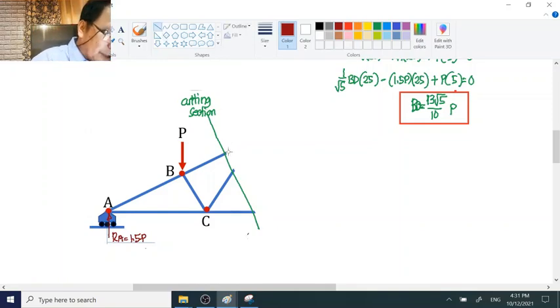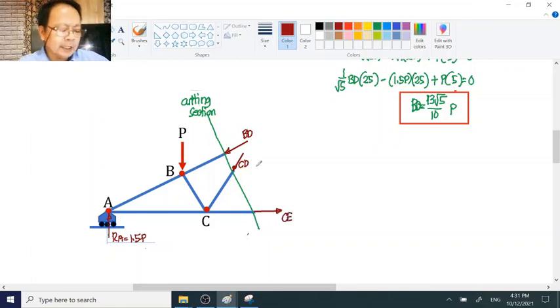Let us show the forces. So you have the force dito, may force tayo dito at dito. So this is our BD. Ito yung ating CD. Ito yung ating CE. Yan, di ba? So, ang tinatarget natin is to solve for CD. So, what shall we do?